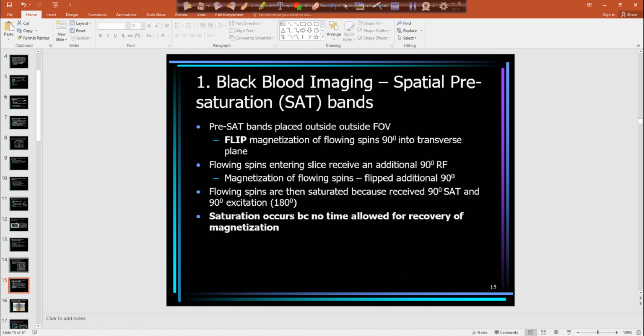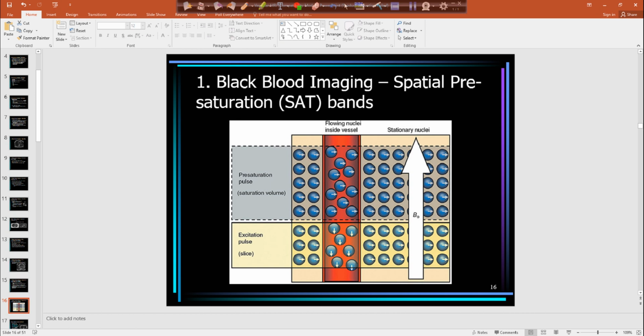This is just describing what sat pulses do. When we described that last time, it applies a 90 degree pulse before that flowing blood goes into our field of view. So here's a good image of it. We put a sat pulse above, and imagine this is our stack of field of view of the abdomen.